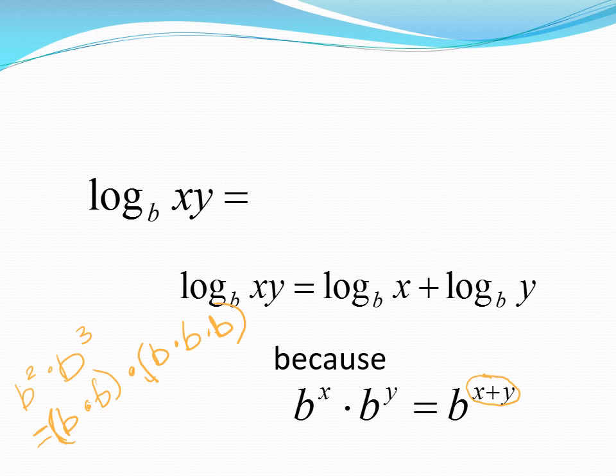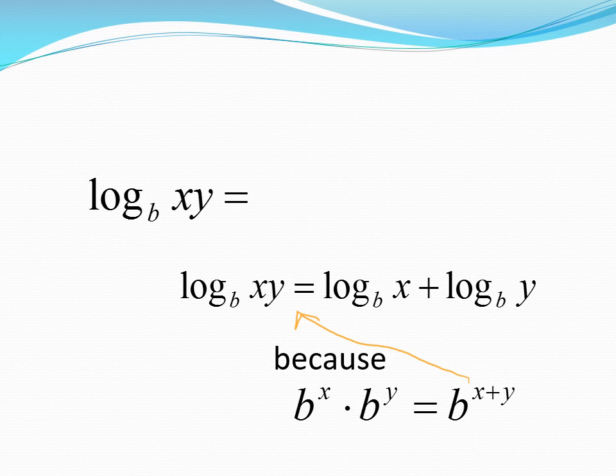So because that rule works that way, we can then go the opposite direction and say, well, log base b of x times y equals the sum of the logs. Again, because the output of the logs are powers, and you're adding the powers.